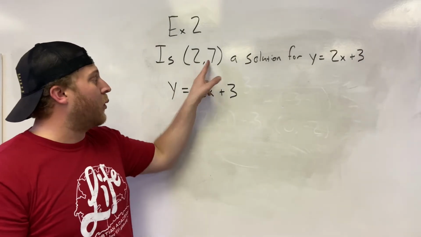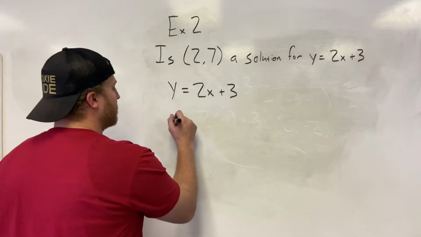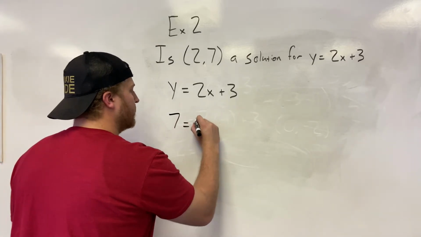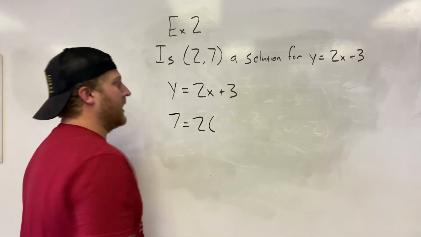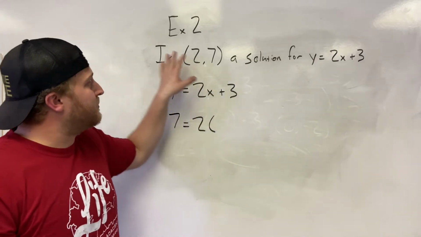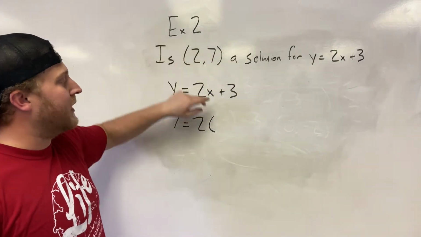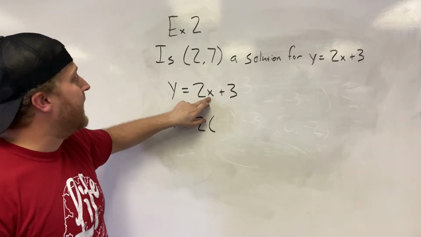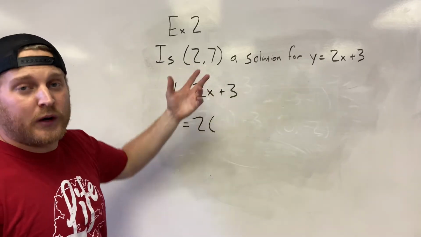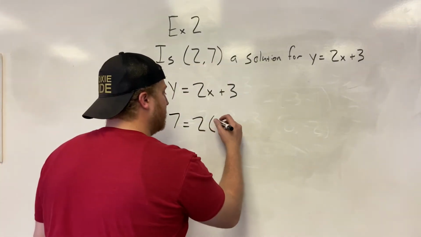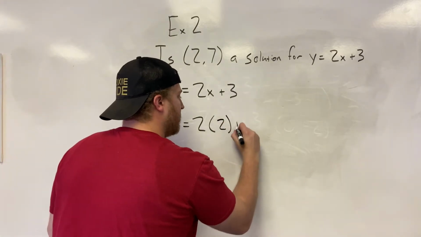In this point, y is 7, so we put 7 equals 2 times. Now we ask, with this ordered pair, what does x represent? x represents 2, so we put a 2 down here plus 3.